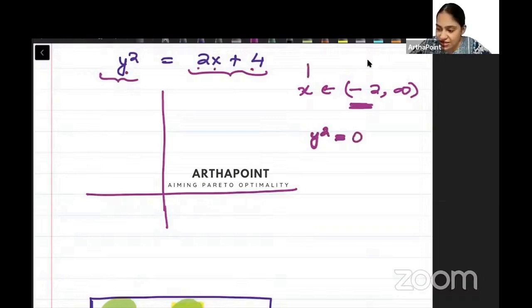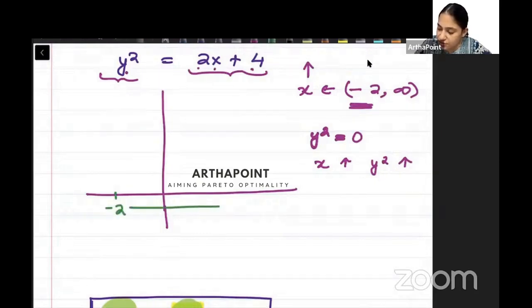And then x is increasing. When x increases, the value of y square will also increase. So x is taking values from -2 towards infinity. When x is -2, y square is 0.